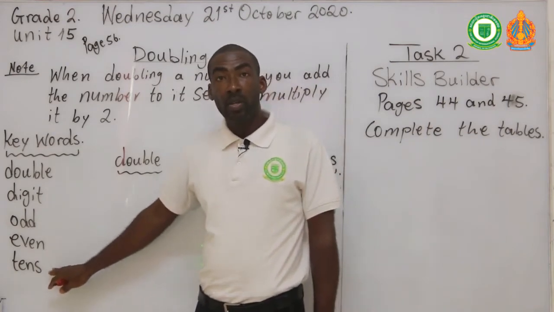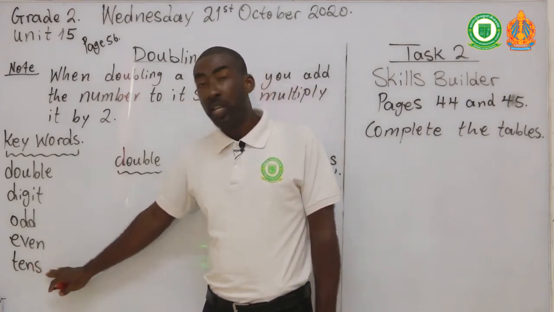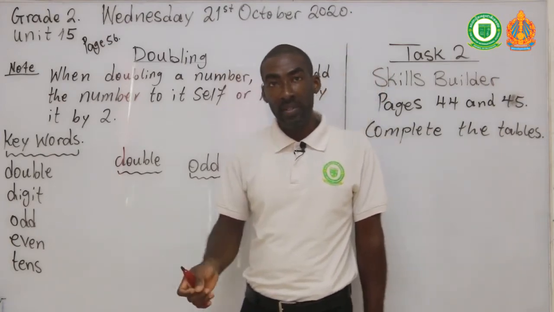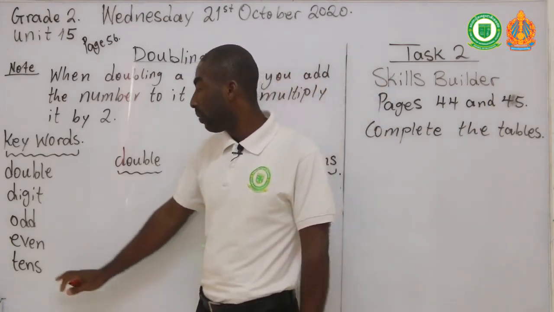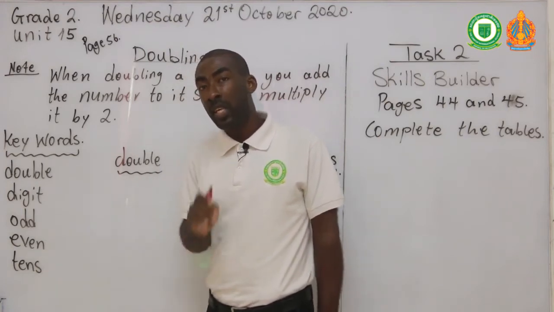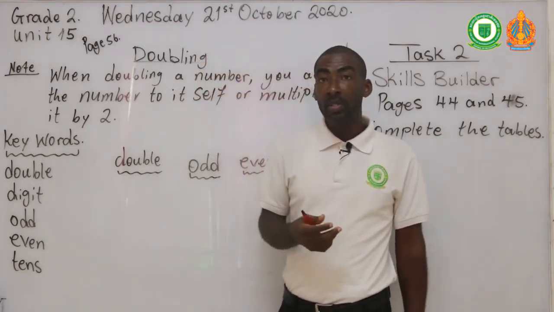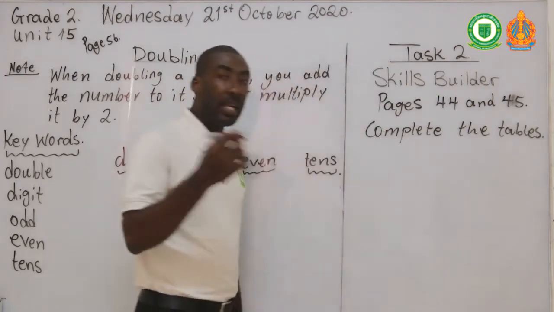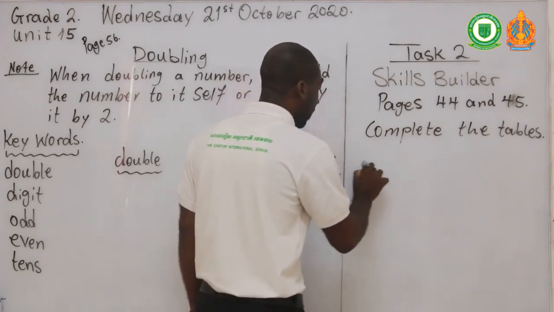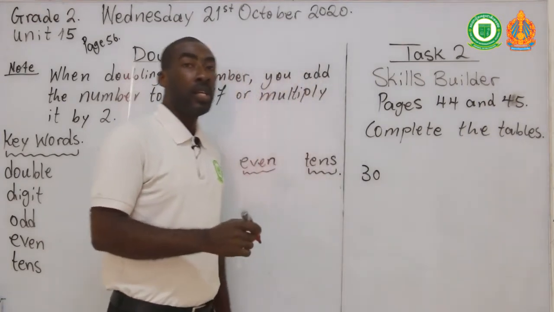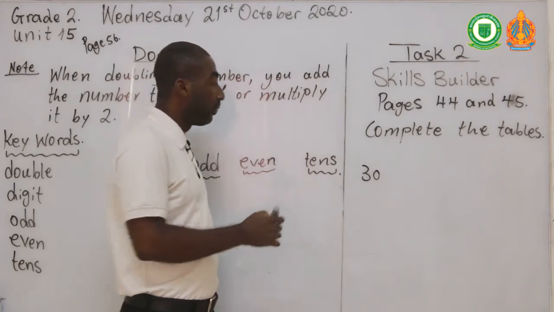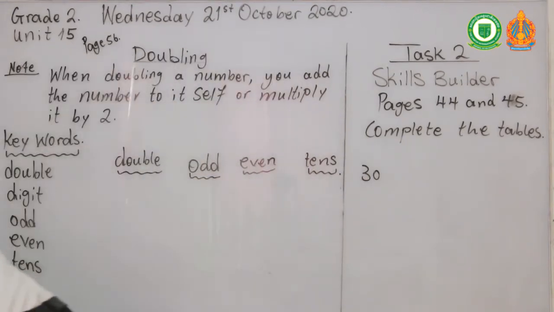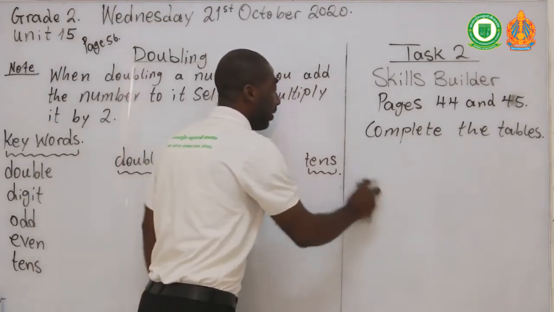Do you remember your number place cards, where you have to identify your ones, your tens, your hundreds, and the thousands? Very good. If you remember them, that is very good, because you need them for this second activity that we're going to do. So assuming you have, let's say, 30.